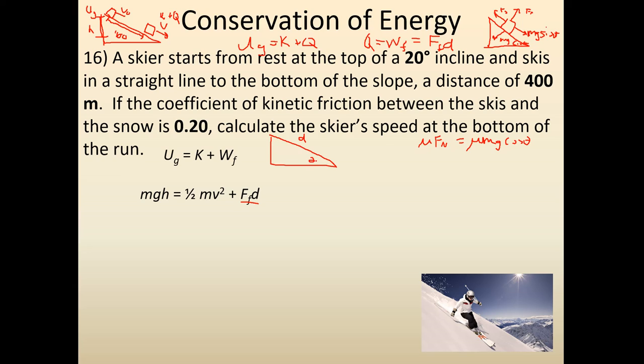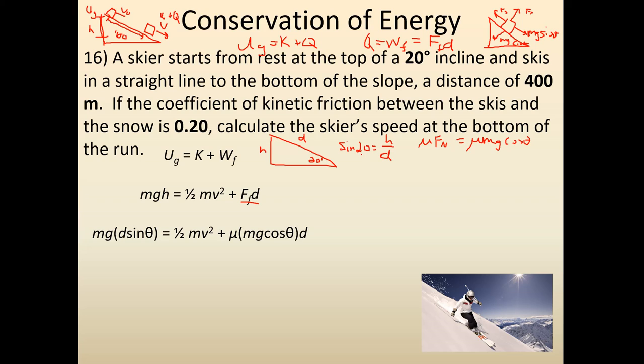I know the angle, but I don't know the height. So this time I'm going to use SOHCAHTOA again. I'm going to use sine 20 equals opposite over hypotenuse. Solving for h just gets me d sine 20.